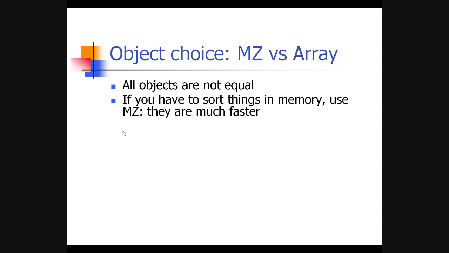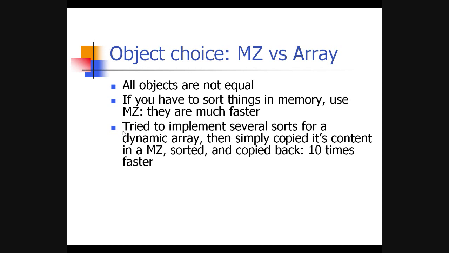In the more precise example, I tried to implement several kinds of sorts with different algorithms for a dynamic array. And then I simply copied its content in the memory zone, sorted it with the sort mechanism of the memory zone, and copied back. It was 10 times faster.